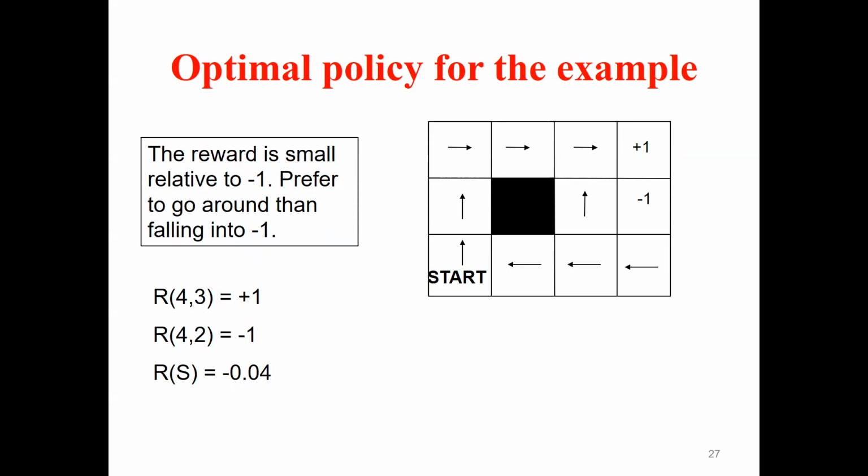If you see, there are two final states which are +1 and -1. +1 is a very high value, -1 is very low, very negative. And we are picking the reward for every non-final state to be very, very small negative, which is -0.04.